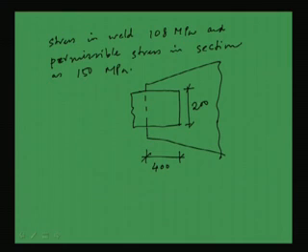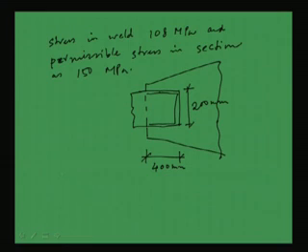So the length of welding will be maximum in this area, that means 400 plus 400 plus 200, which is 1000 mm length available for welding.